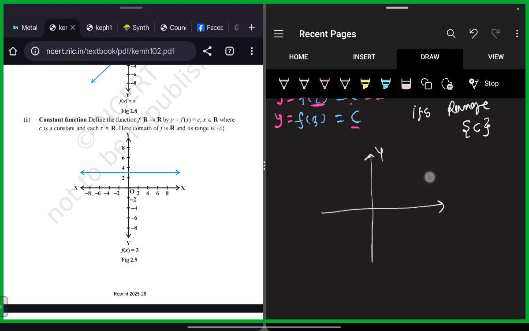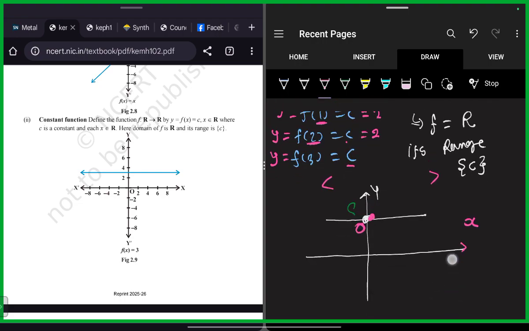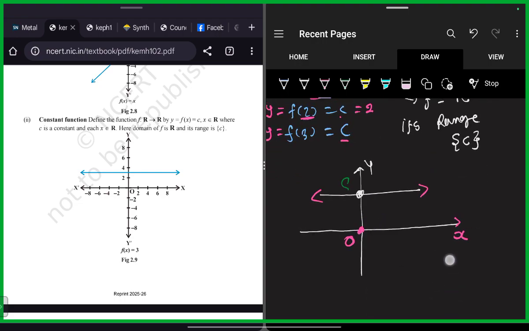This value is c. This is our x coordinate, this is O. Understood? So here the domain of this function is any real number and its range is a constant c. Alright? Understood?